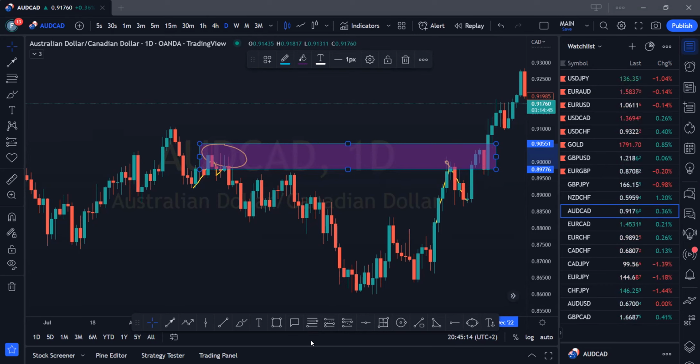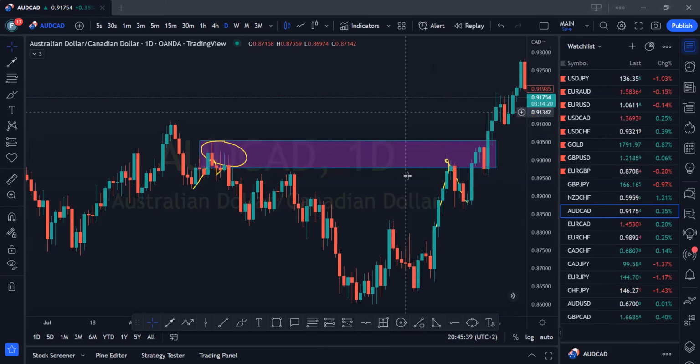Okay, so Mr. Idris is asking, what time frame is ideal for marking support and resistance? There is no ideal time frame. The ideal time frame to use will depend on the kind of trader that you are. I love your questions, Mr. Idris. It's making me go deeper into this concept.